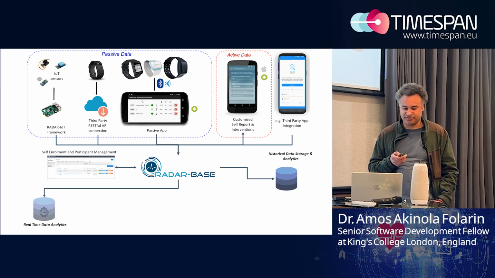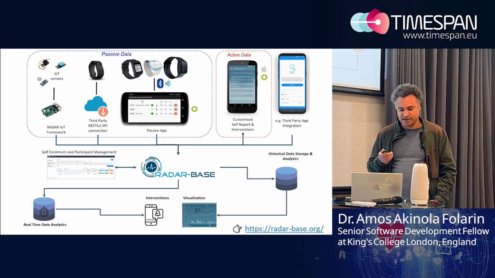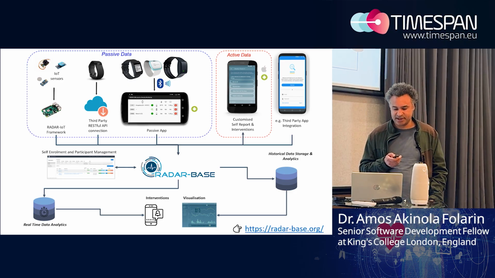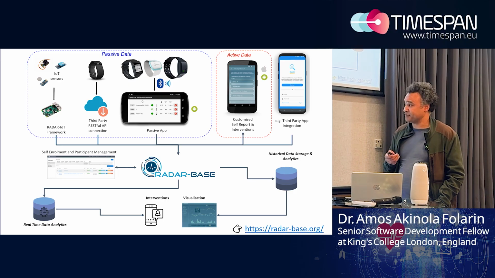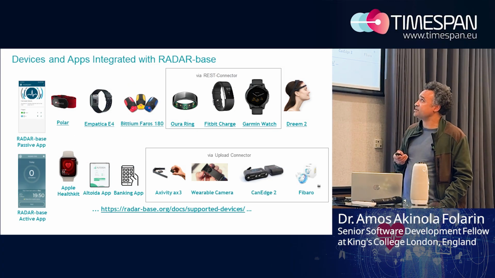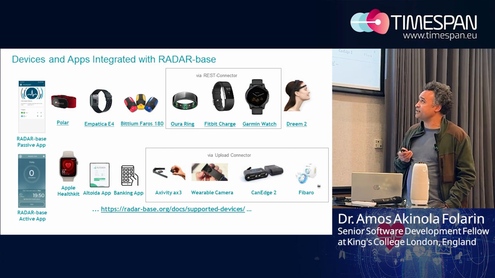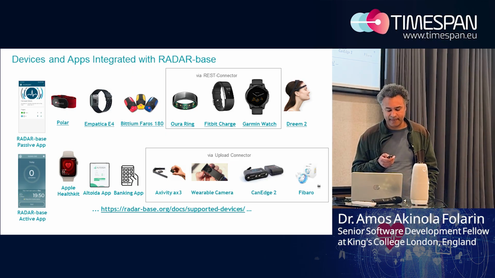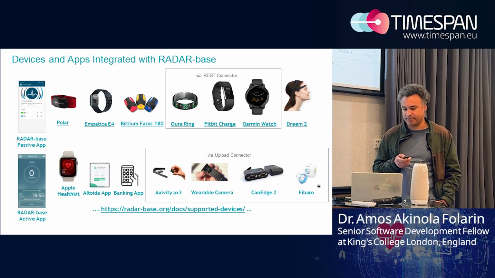We collect data both in real time, but also store that historically. We can trigger interventions based on the data coming in and being processed in real time, and we can do visualization. We have a lot of devices we've managed to integrate thus far. There's still a lot more on the roadmap.